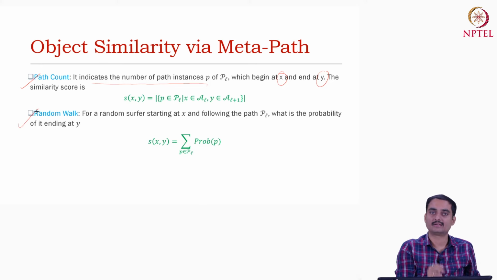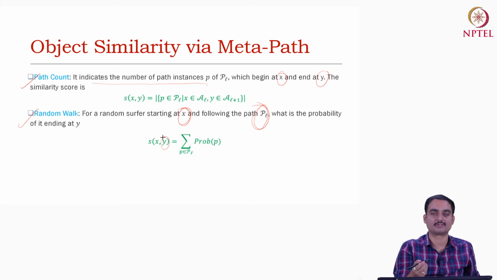Random walk. So we can define a whole bunch of things on the heterogeneous network using this metapath concept. For random walk, you can say that I want to start from node X and follow a particular type of metapath PL. So what is the probability that I start from X and reach Y following the metapath PL?